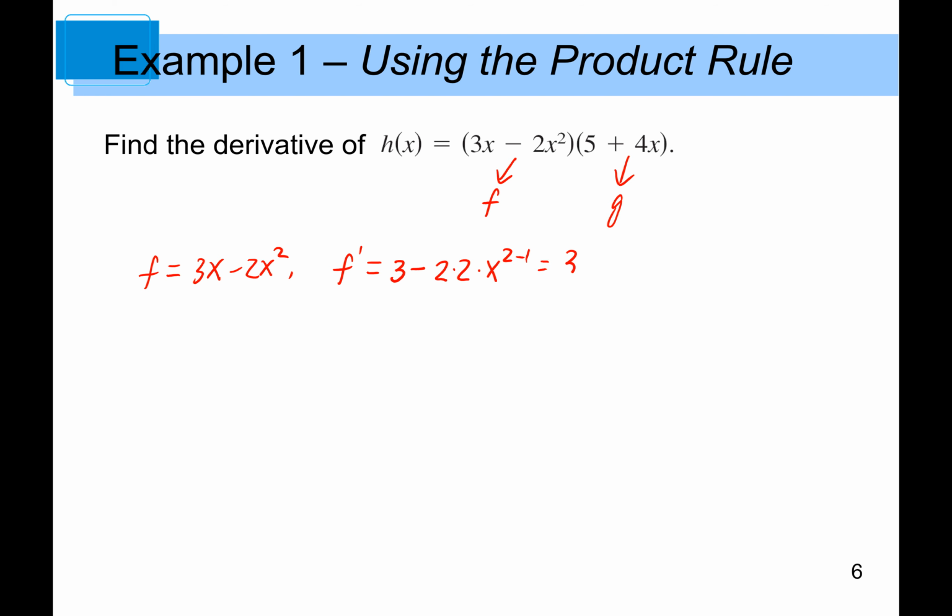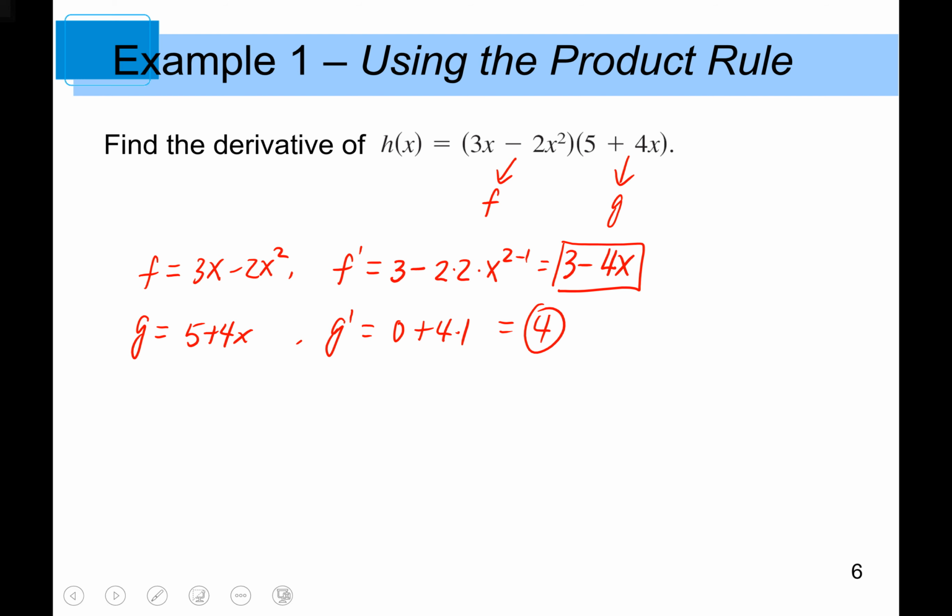So this becomes 3 minus 4x. Okay, that's f prime. So g equals 5 plus 4x. So g prime: the derivative of 5 is 0, the derivative of x is 1, so 4 times 1. So we end up with 4.